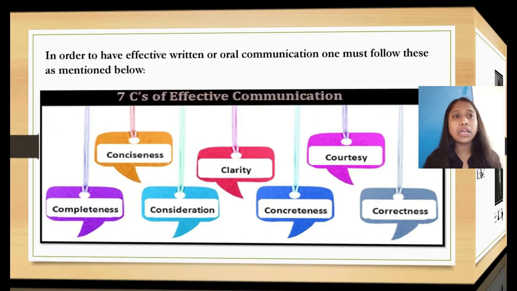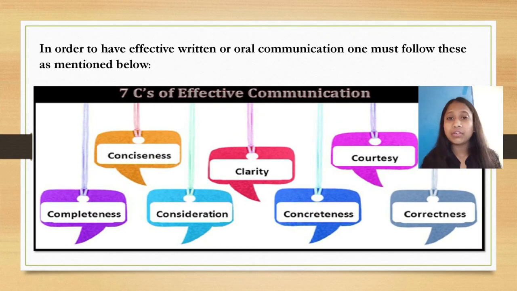In order to have effective written or oral communication, one must follow these 7 C's. So, completeness, conciseness, consideration, clarity, concreteness, courtesy, and correctness are the 7 C's of communication or effective communication.